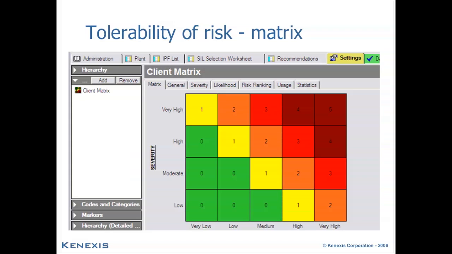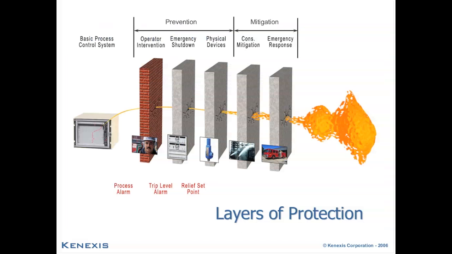As I mentioned, in practice, the decisions are usually made using some qualitative or quantitative metrics, in this case just displaying a risk matrix as one means to determine where a SIL 1 might be required, where a SIL 2 might be required, and where a SIL 3 might be required.